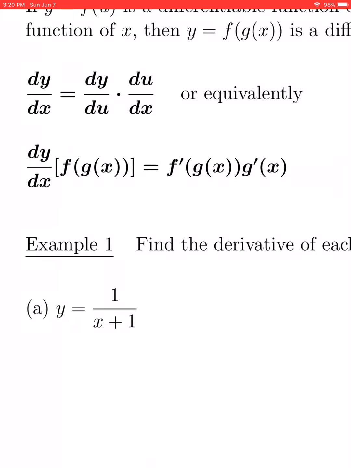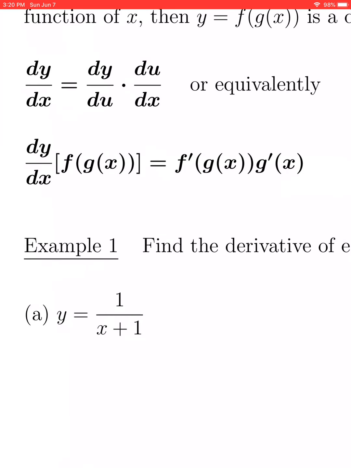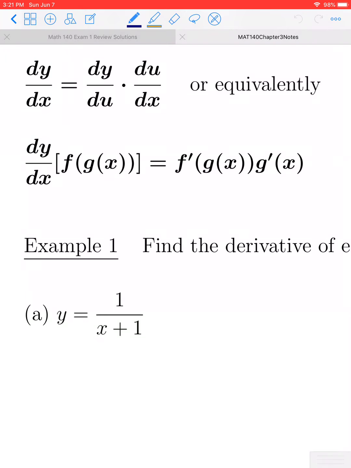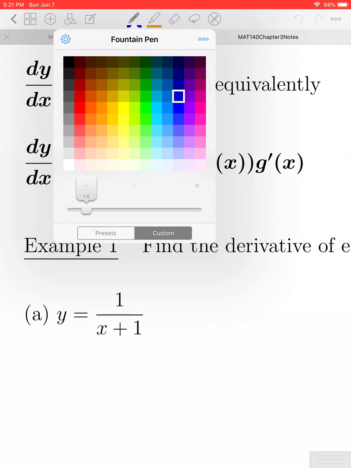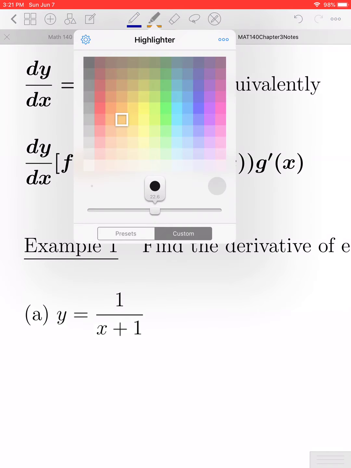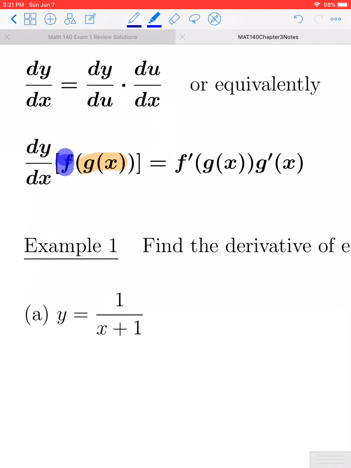Equivalently, showing it in function notation, what the chain rule tells us to do is the following. If you look at f composed with g of x, the most important thing, first of all, is to be able to recognize it as the composition of an inside function with an outside function. So the outermost function is f, the innermost function is g.